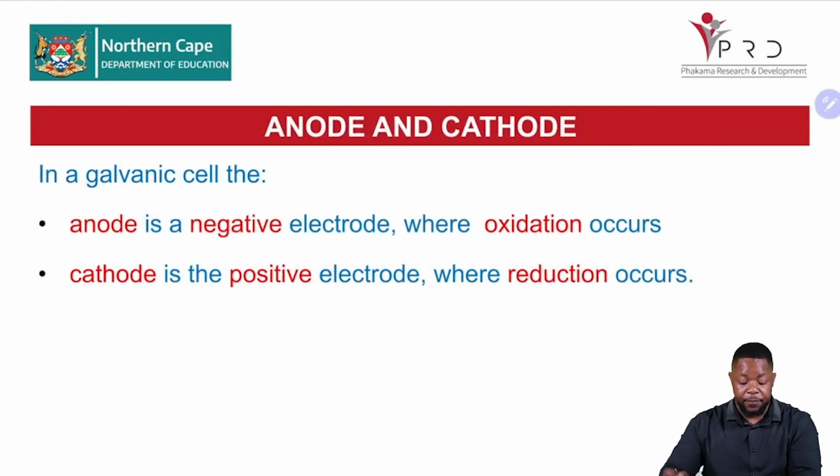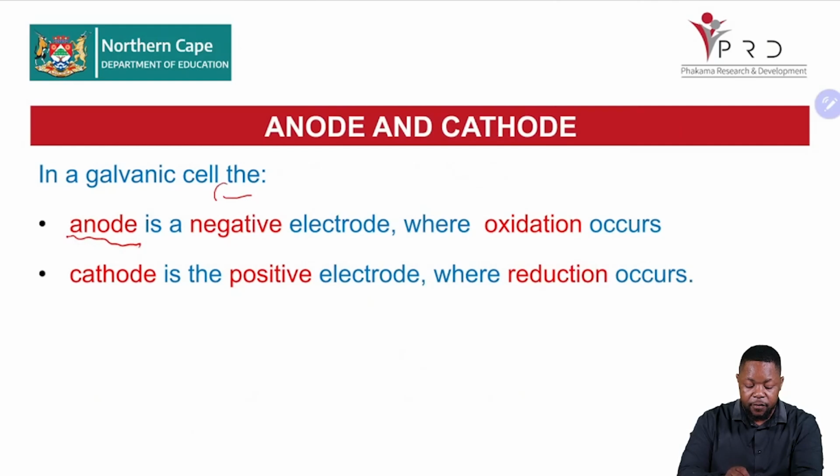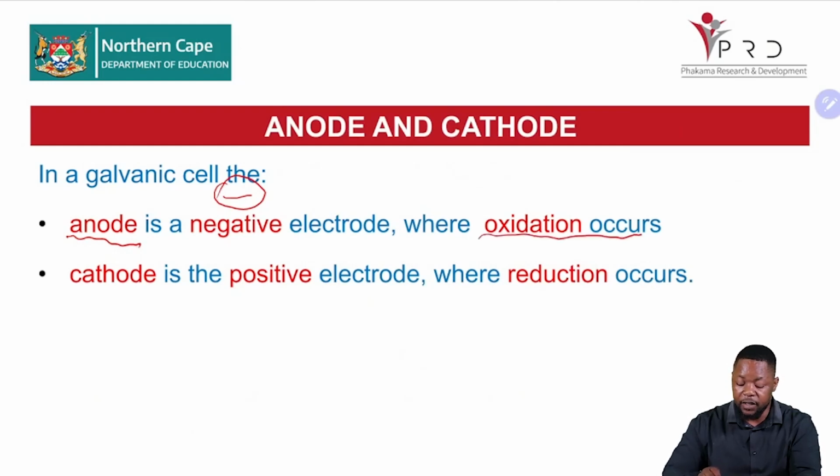In a galvanic cell, the anode is negative. It is the negative electrode, and that is where oxidation occurs.